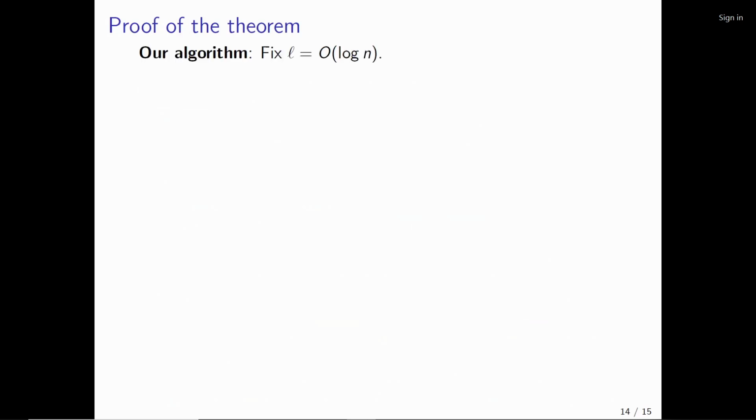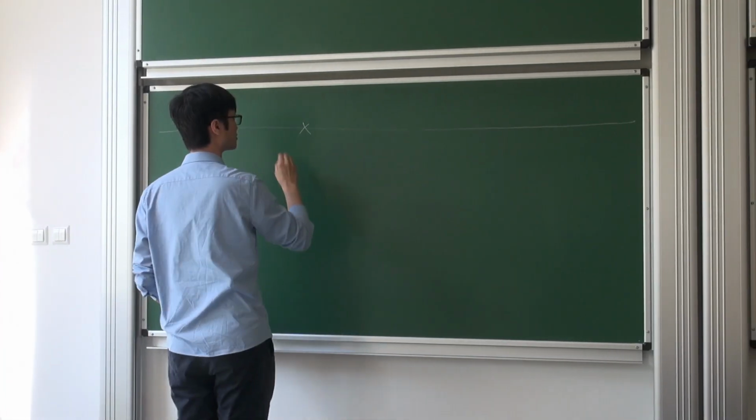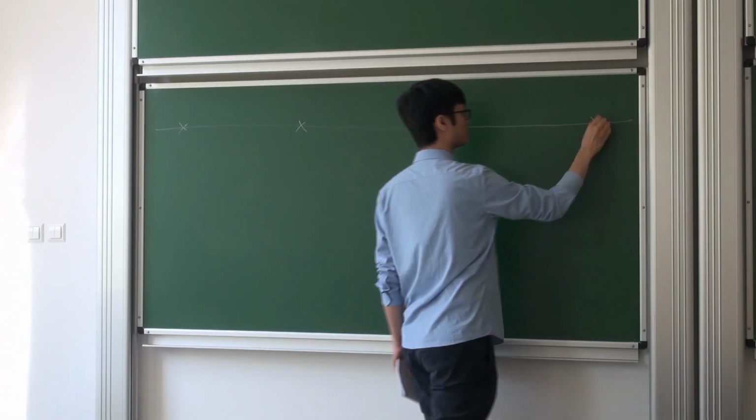We again fix some length, which is log n. This trick really seems to work very well in the local model. The first thing that we are trying to do is just cut up this path. Imagine that you have some super long path again. This time I just want to cut it up at some points here: 1, 2, let's do 4.